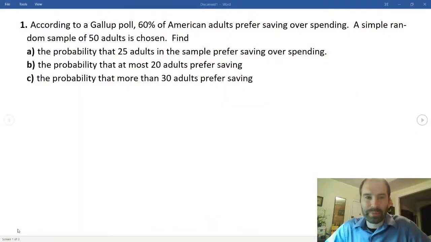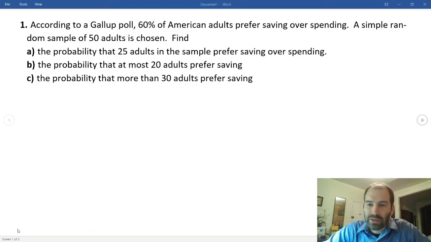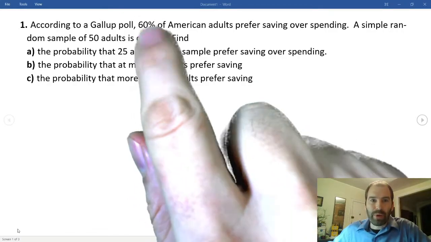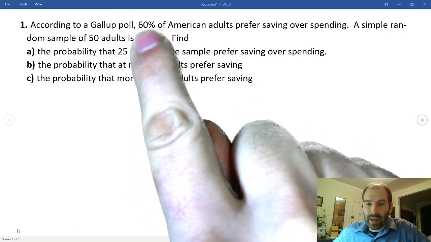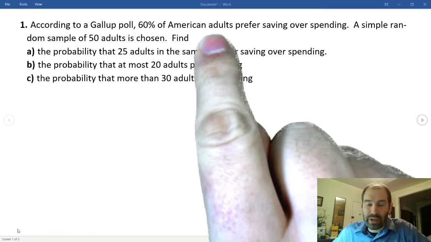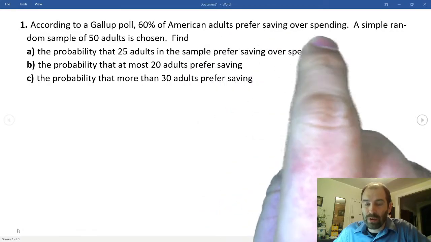Here's our first problem. It says, according to a Gallup poll, 60% of American adults prefer saving over spending. A simple random sample of 50 adults is chosen. Find the following things. Okay, so we want to find these probabilities here. Now, what have we got here? We have the percentage of American adults that prefer saving over spending.